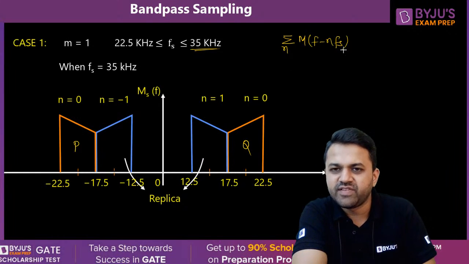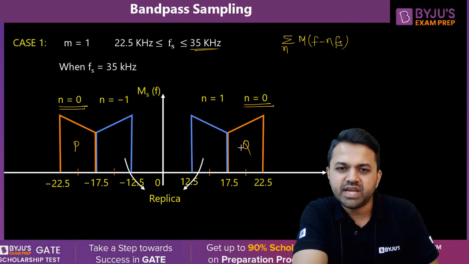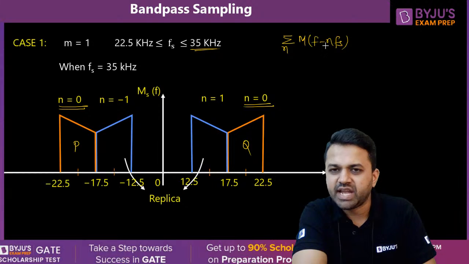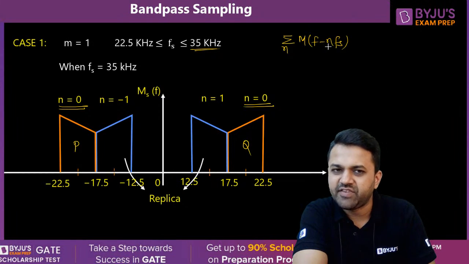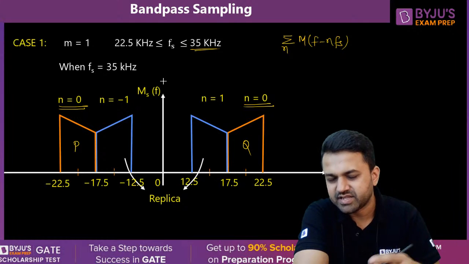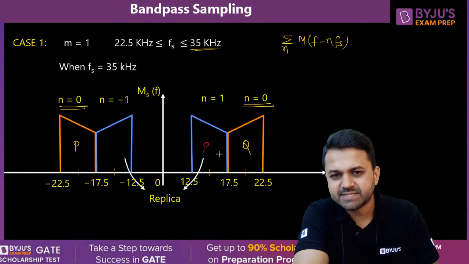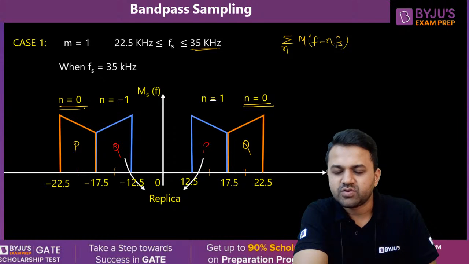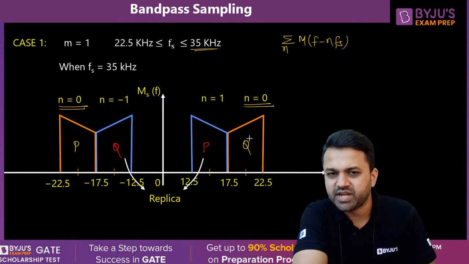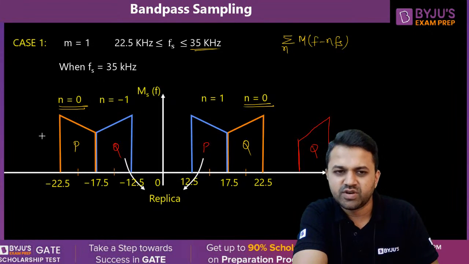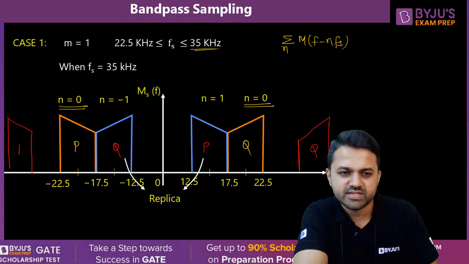For n equal to 0, we get M(f), which is P and Q. When we put n equal to 1, it will be shifted by fs, which is 35, so we get P and Q again. When you shift towards the right, you get one pair P and Q here, and when you shift towards the left, you get one pair here. This is Q and this is P.